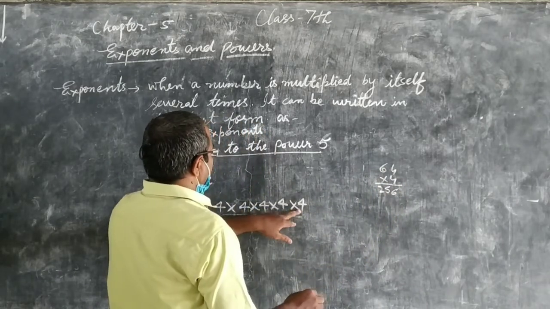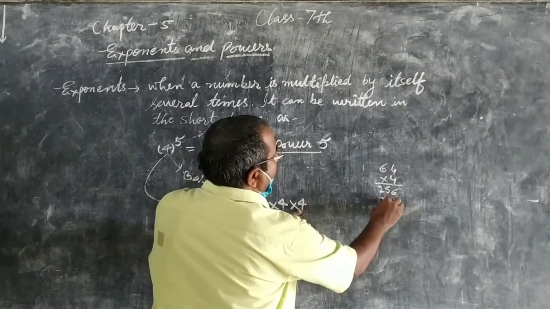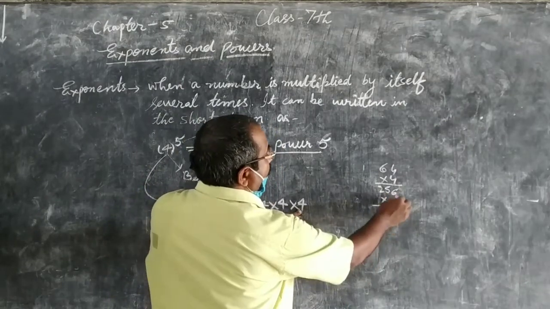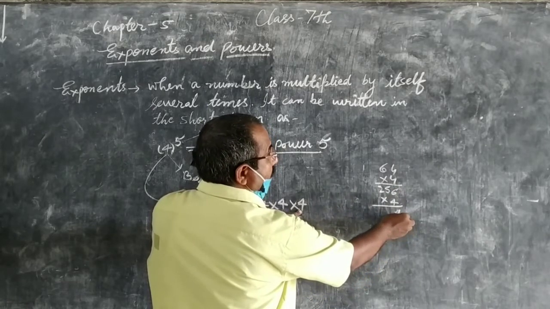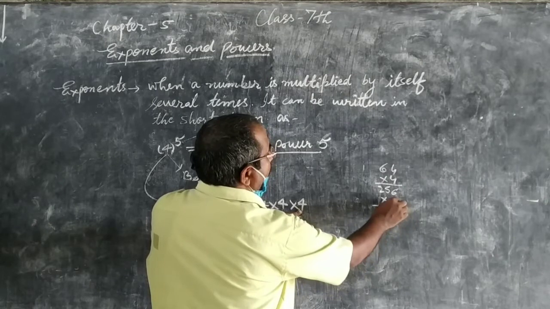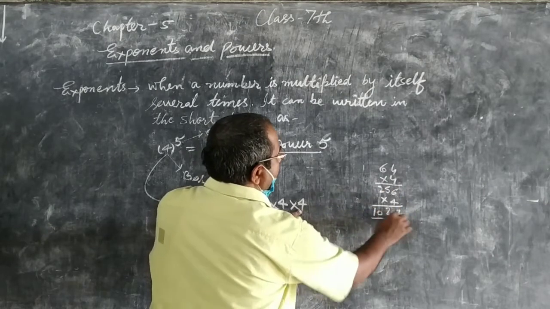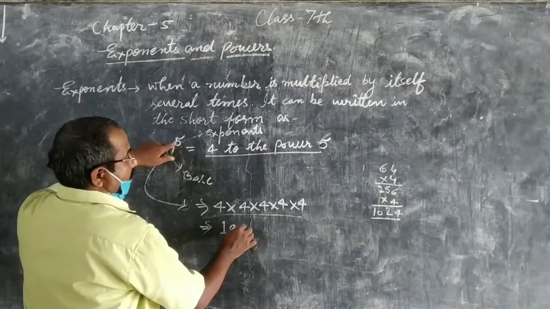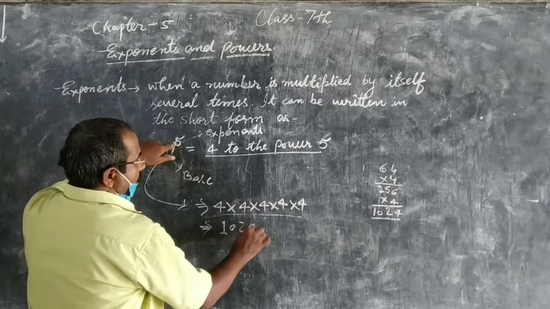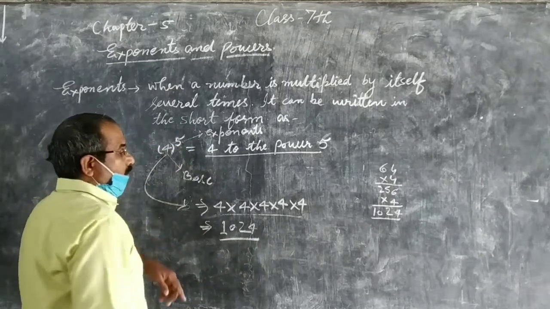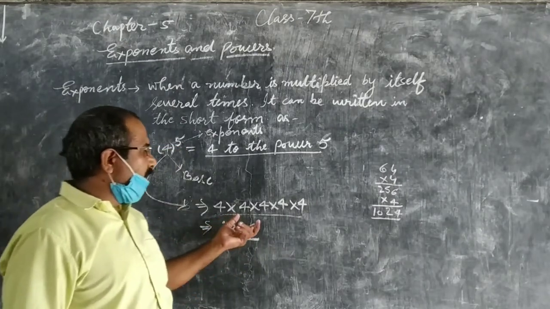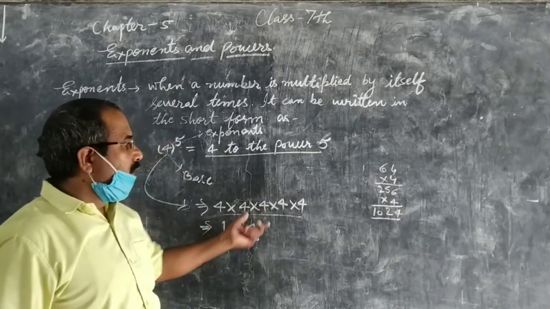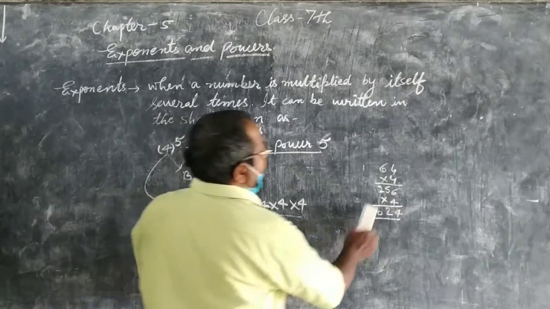Again 1 four is left, so you will multiply the next 4. 4 sixes are 24, 4 fives are 20 and 2 carry is 22, and 4 twos are 8 and 2 is 10. In this way, the value of 4 to the power 5 is 1024.